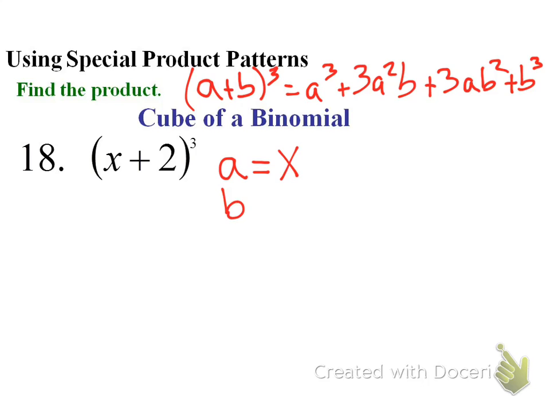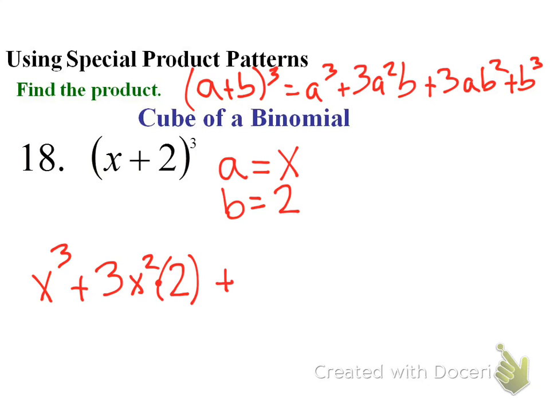X. What is our B in this case? 2. Positive 2. Good. So I want A to the third, so that's x to the third, plus 3 times x squared times 2, plus 3 times x times 2 squared, plus 2 to the third.